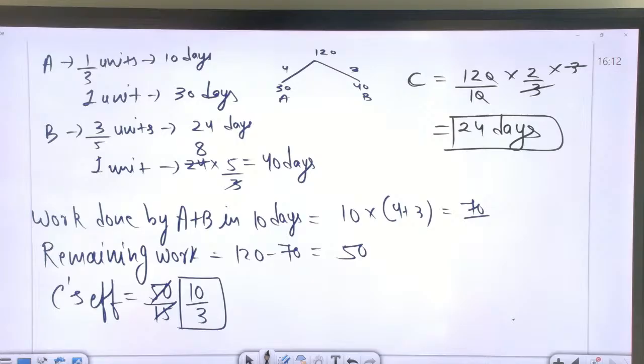I'm expecting the answer. The question is of Delhi Police SI 2020.